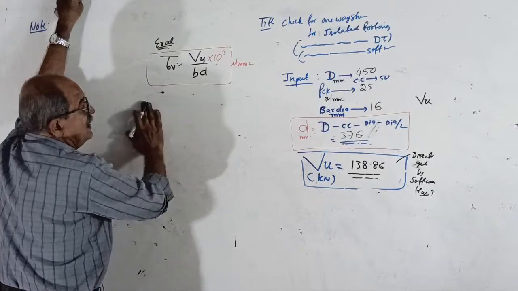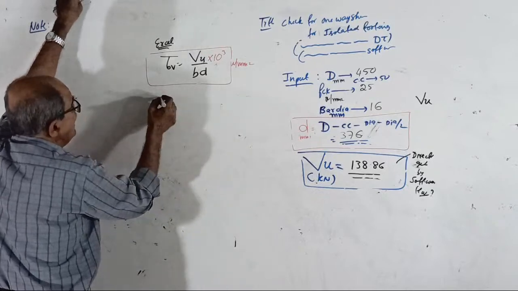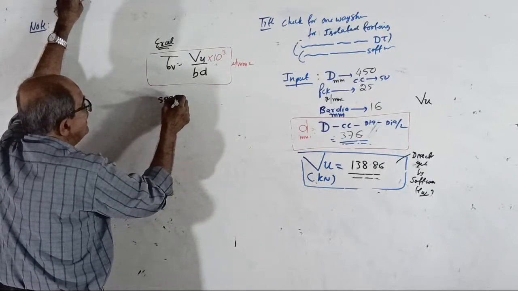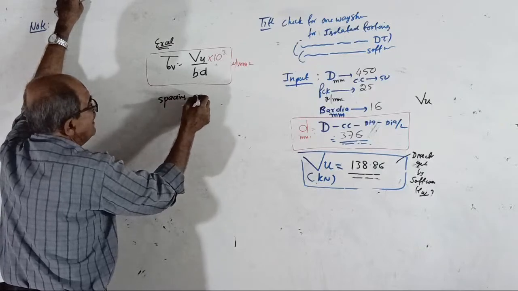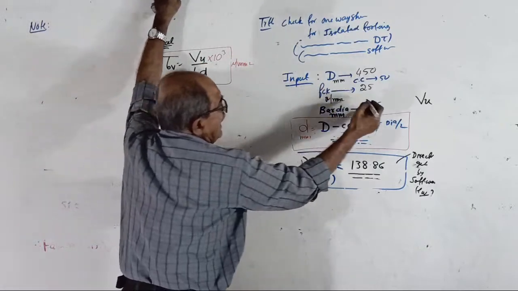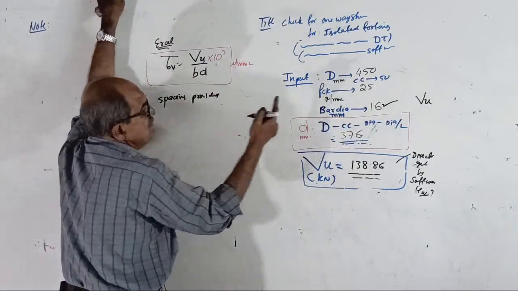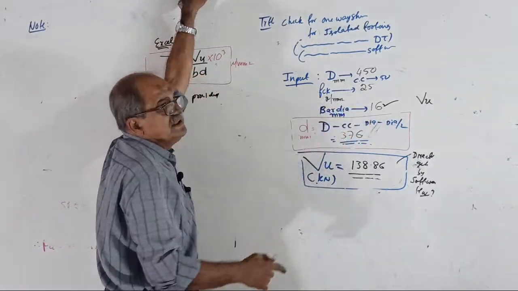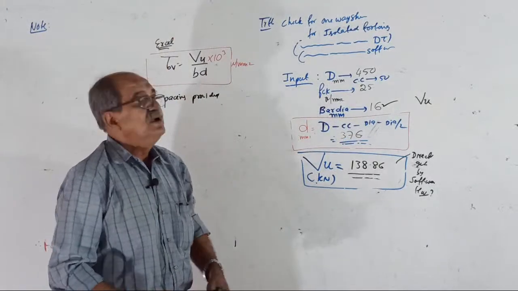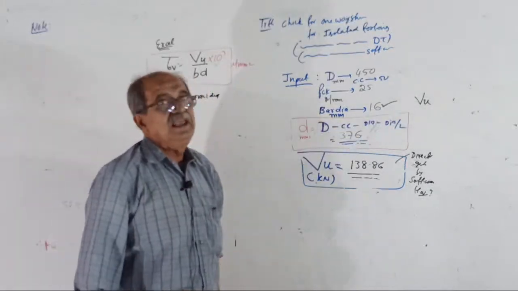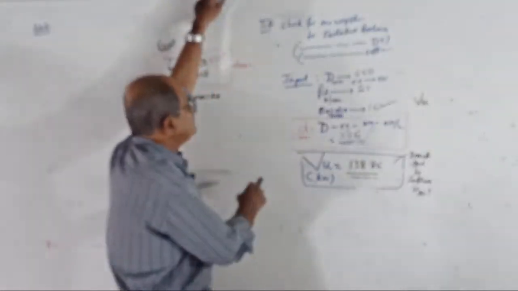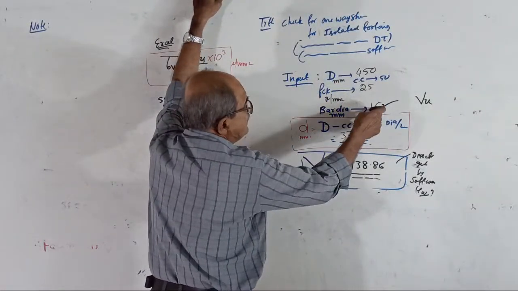No, don't worry. You tell the Excel what is the spacing provided. See, diameter of bar already told. What is the spacing provided? So, diameter, you should not type 16 now. Because of your steel required, you should not type 16.